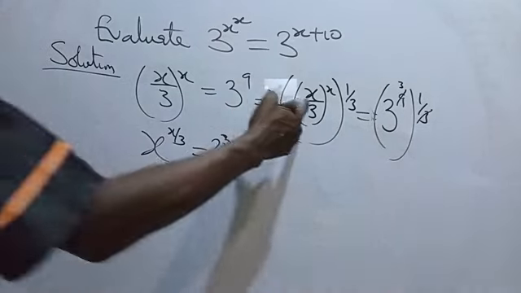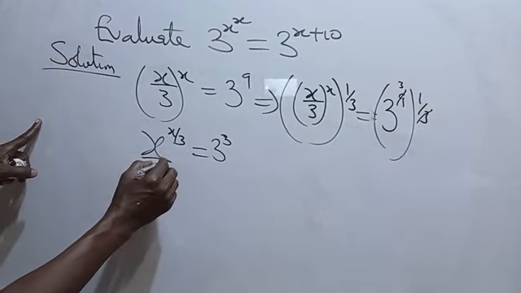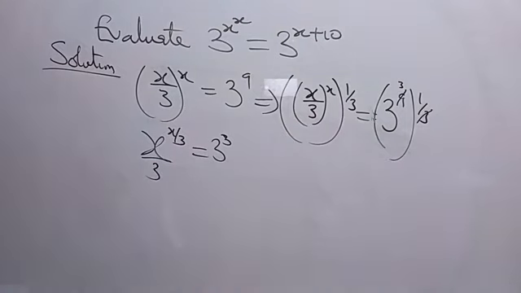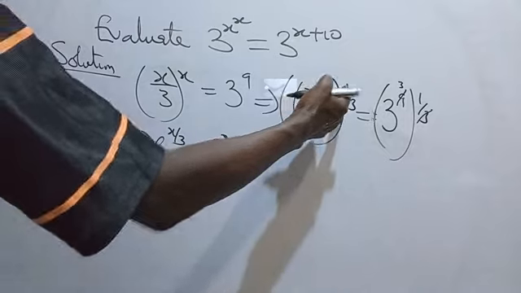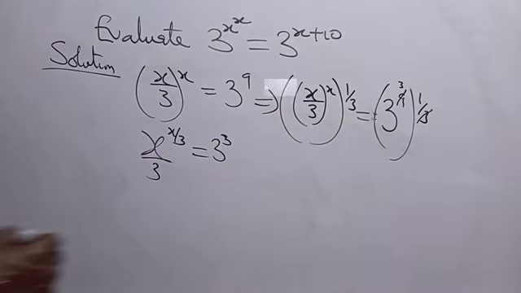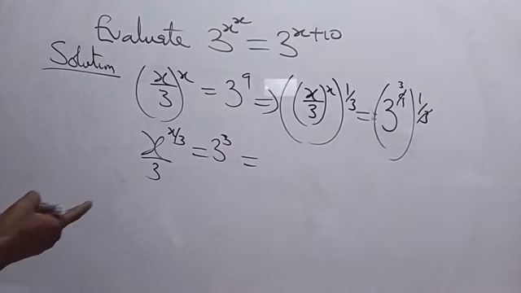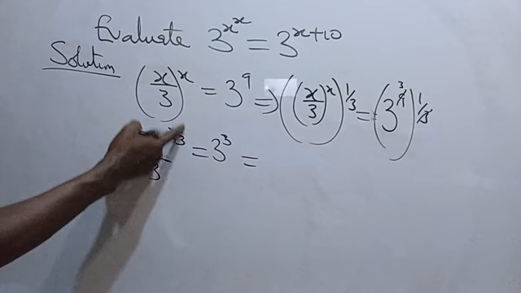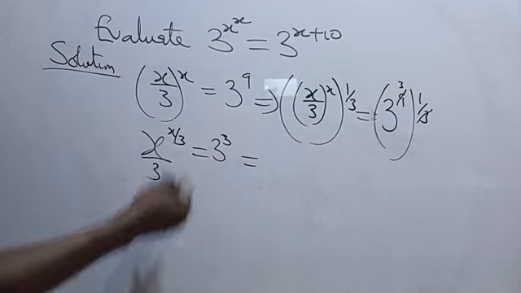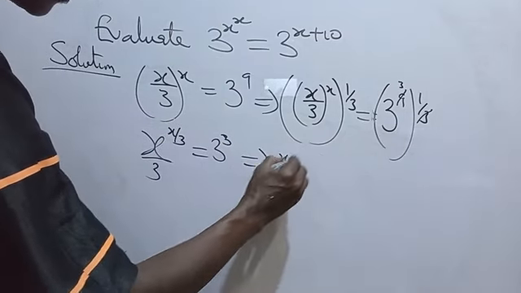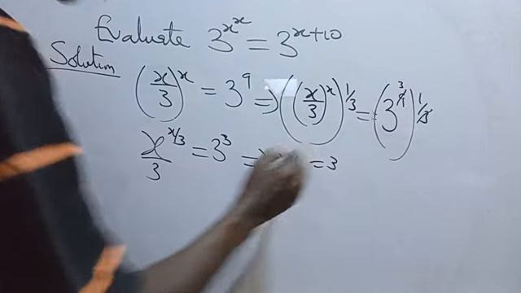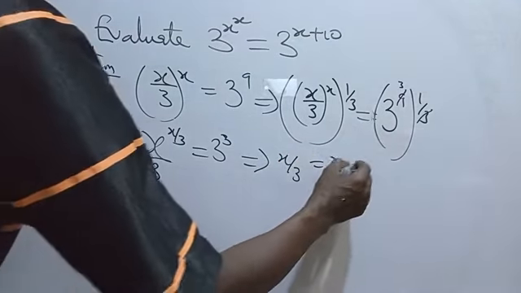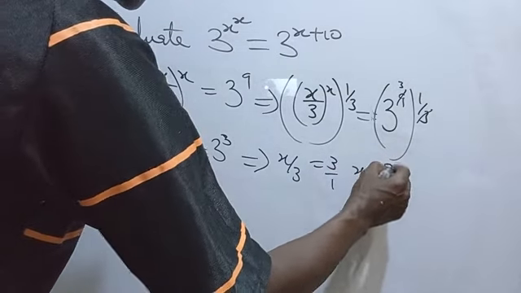This is x over 3. Sorry about that. Because when you expand this, you only have this. So x over 3. Now, looking at this, you can compare: the exponent here is x over 3, the exponent here is 3. So comparing them, you have x over 3 is equal to 3. When you cross multiply, you have x is equal to 3 times 3, which is 9.